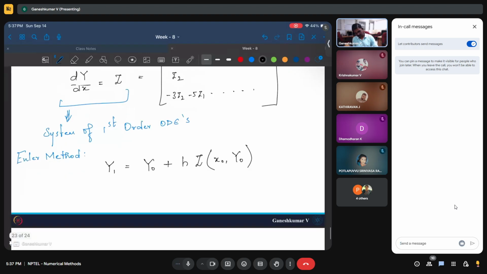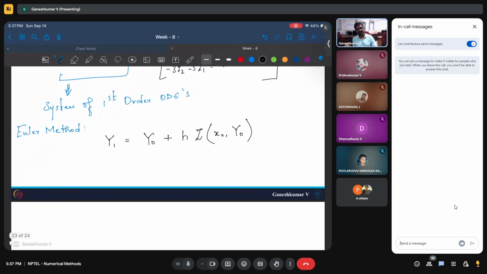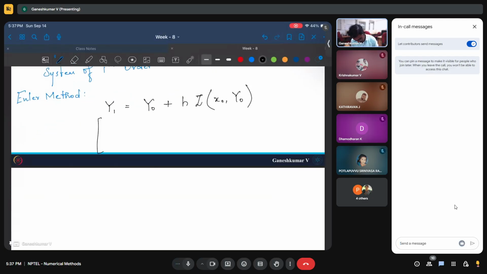So now you write this for the first one. So what you can do is you can write for the first equation. So this is all a vector, right? So this is like y dash at 1, y double dash at 1, y triple dash at 1 is equal to y dash at 0, y double dash at 0, y triple dash at 0 plus h into z1, z2, z3.